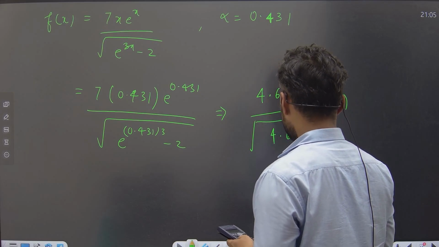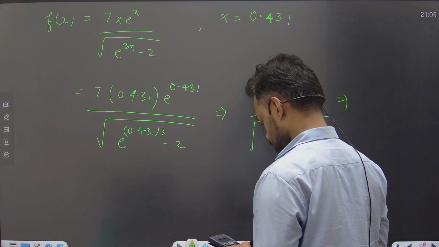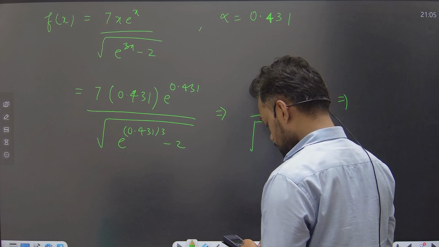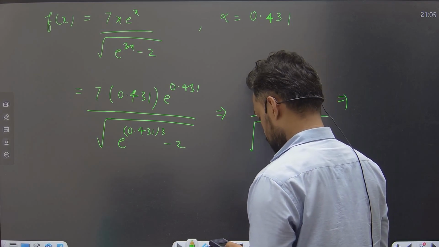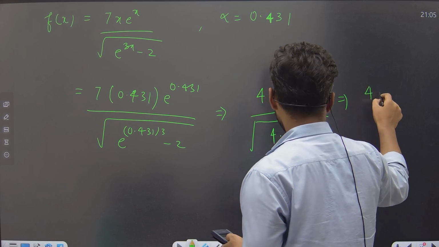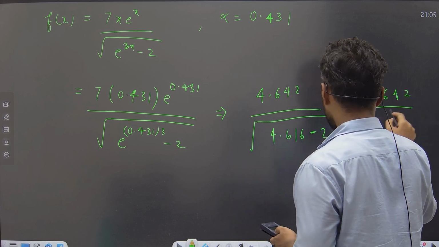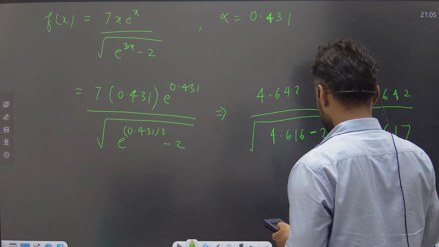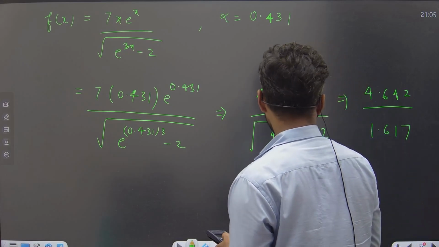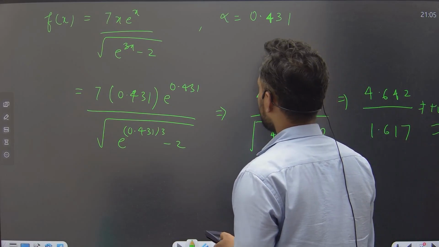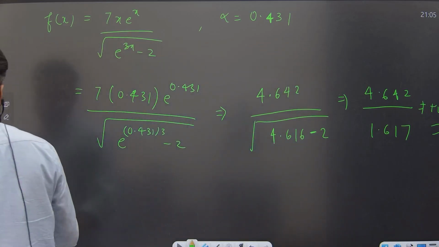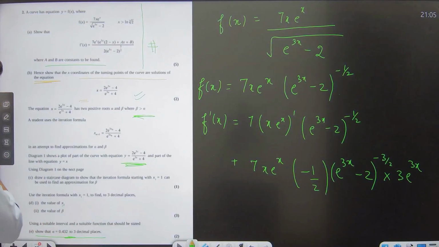So here we will be getting 2.61, so here the root will be 1.617. So we are getting 4.642 upon 1.617. So here we will get the positive value. Okay, if we have plugged in the value of alpha equals 0.431, we are getting a positive value.